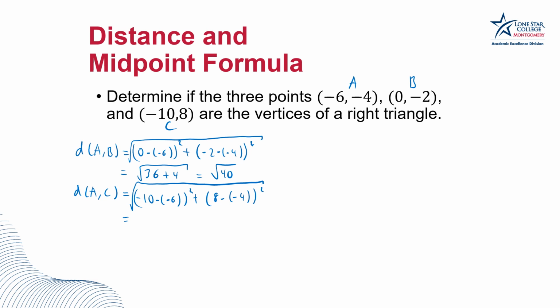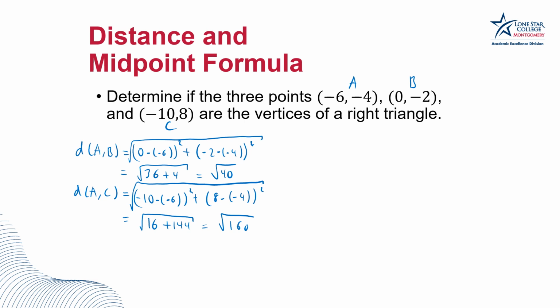So negative 10 plus 6 squared is negative 4 squared, which is 16. And then 8 plus 4 is 12 squared, which is 144. So we add them, we get square root of 160.